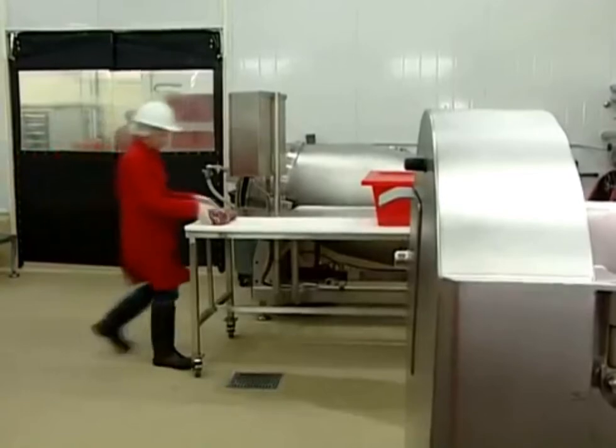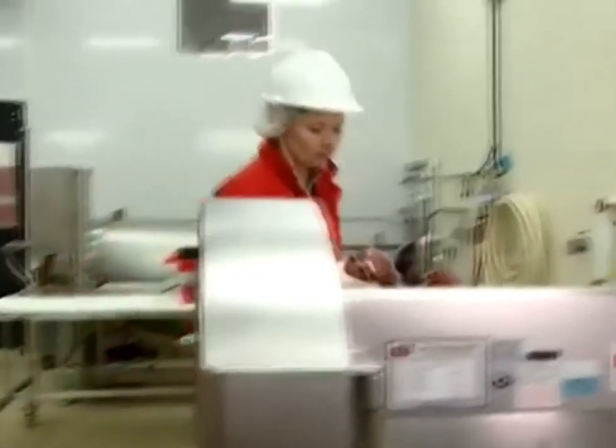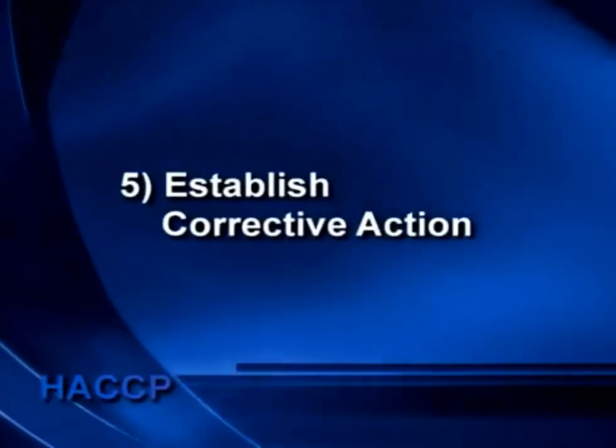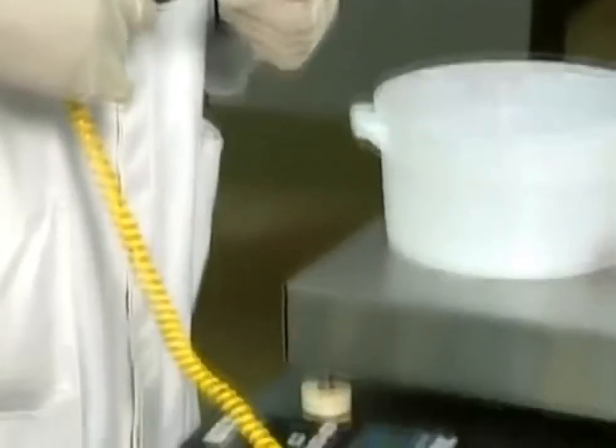And remember that at times it might be necessary to make adjustments to the CCP monitoring to ensure food stays safe. The fifth principle, take prompt corrective action whenever the monitoring indicates that limits are not met. If proper corrective action isn't taken, human health might be at risk. The corrective action to be taken depends on the potential hazard.